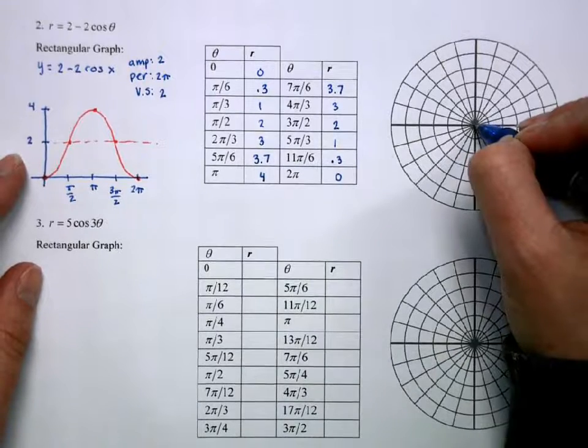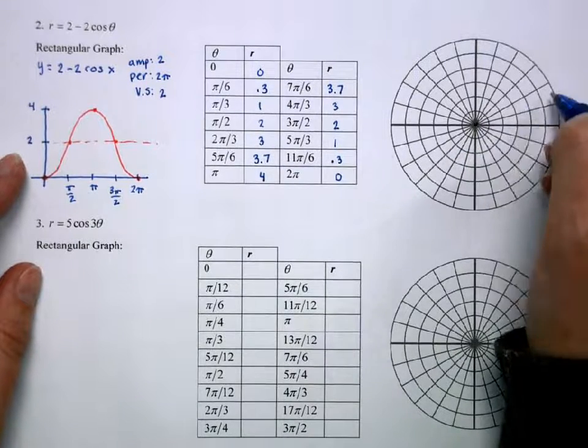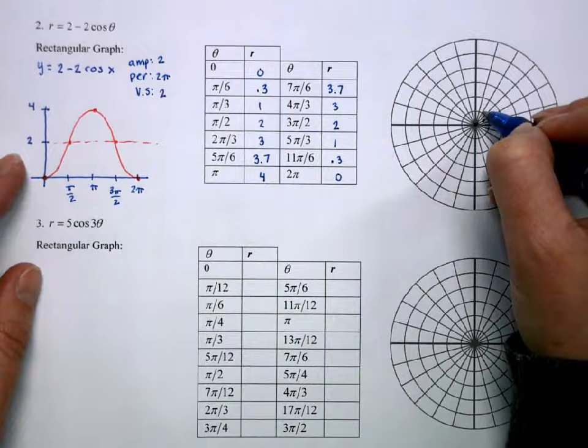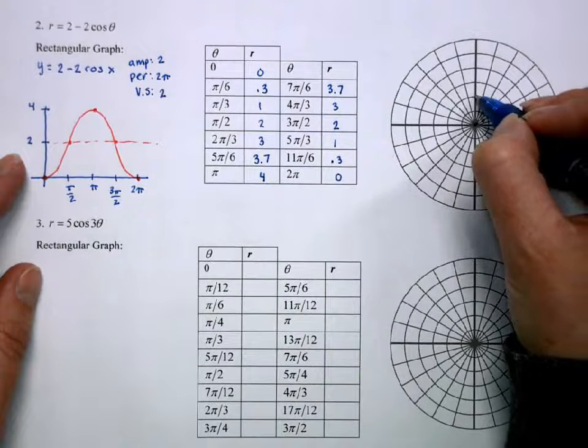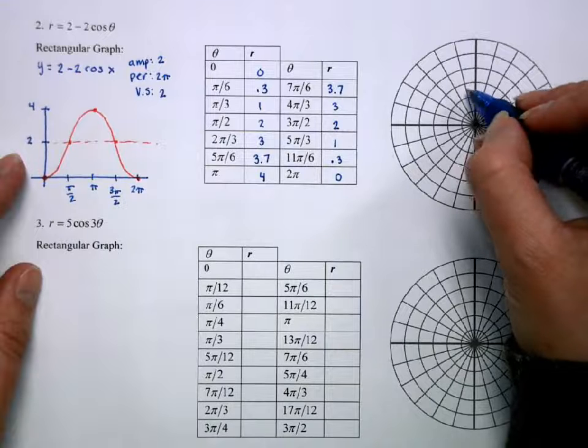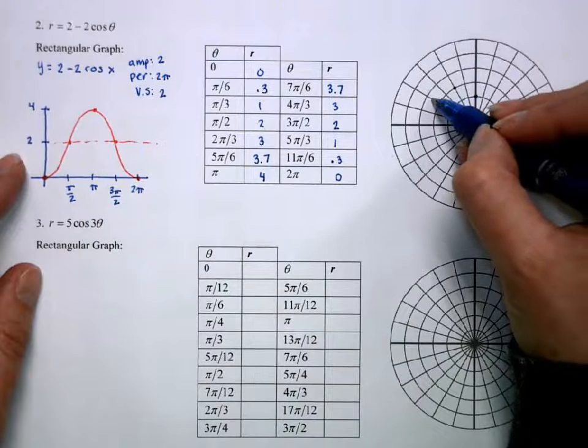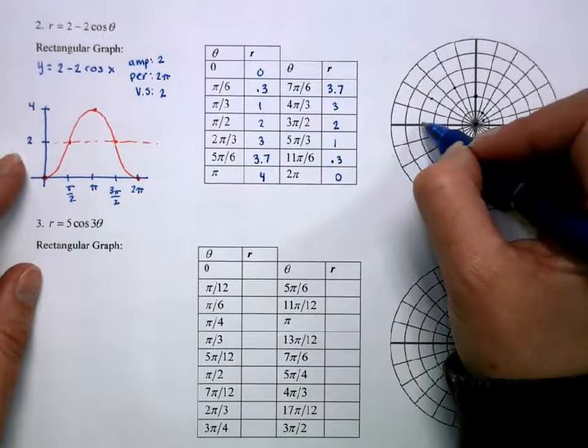0 is again at 0. We're out just a little bit here at pi over 6. Pi over 3 is at 1. Pi over 2 is at 2. 2 pi over 3 is at 3. 5 pi over 6 is at 3.7. Then we're to 4.